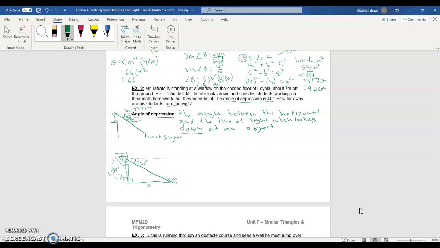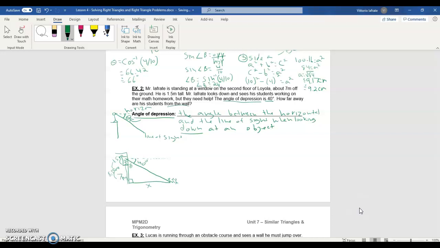Another interesting thing that we can make with this triangle is this idea here. This angle of depression is 40 degrees. We can find the angle in here by realizing that the sum of this angle, so let's call this angle theta, plus 40 must be 90.